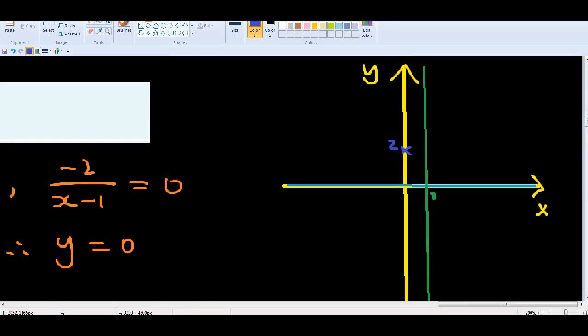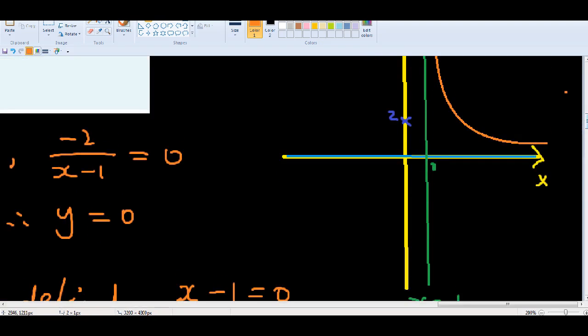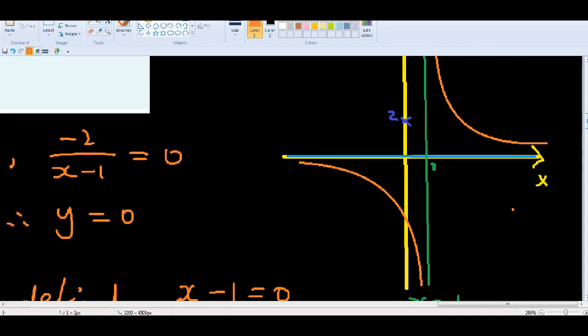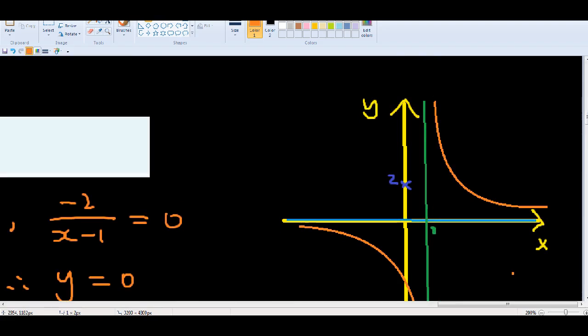Suppose you try to draw a curve like this. What's the problem? If you still can't see it, let me draw the other part of the curve. It will be like this. The problem is that if you draw the curve like this, you can't pass through that blue point. So that means you should do it the other way.